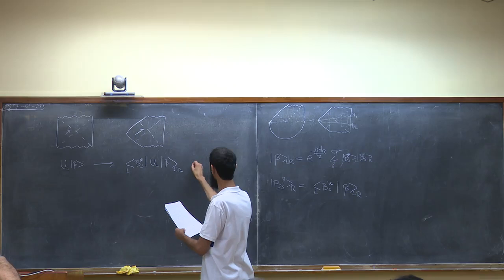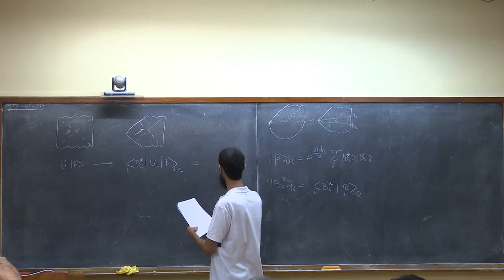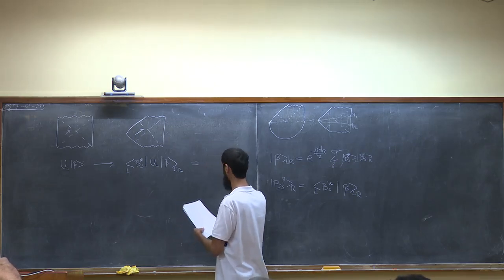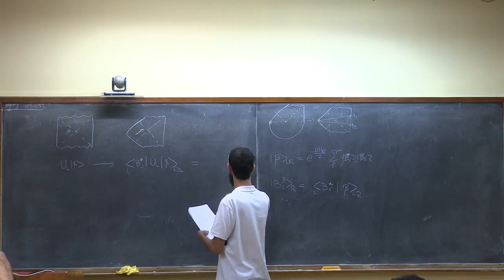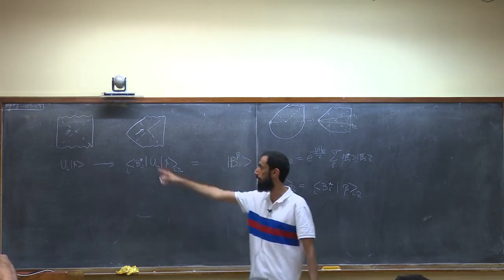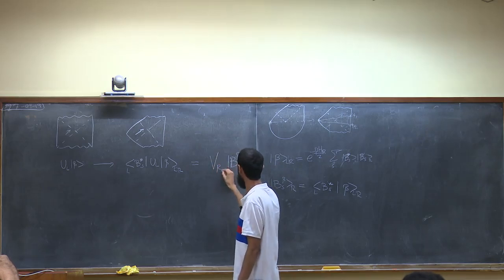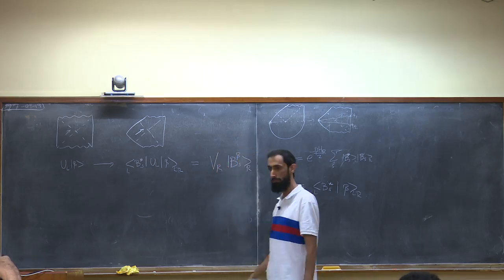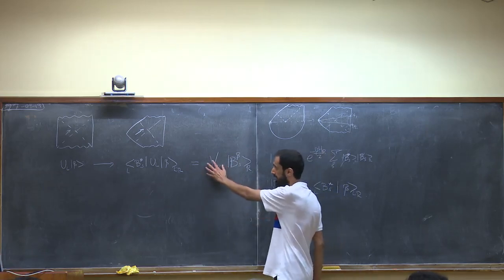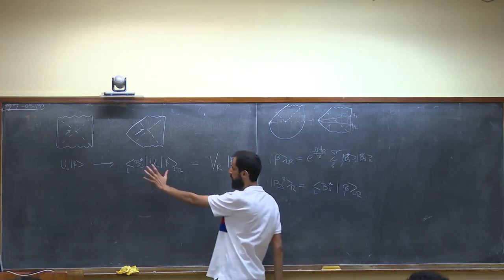This thing should be related to the state without this particle via some unitary V on the right. Okay, such a V exists that takes this state to this state.